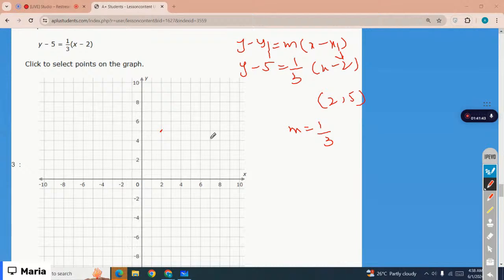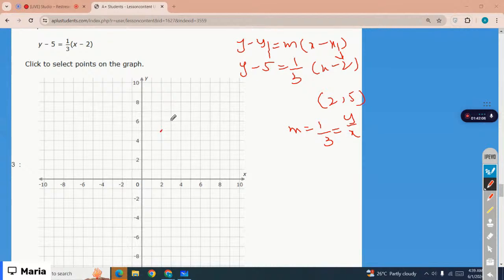Here is the point. Then 1 over 3, right? The slope is change in y divided by change in x. That means you need to move up 1 point and right 3 points.